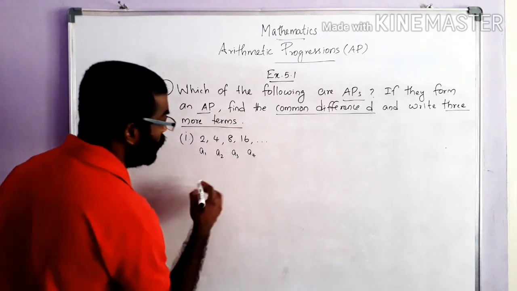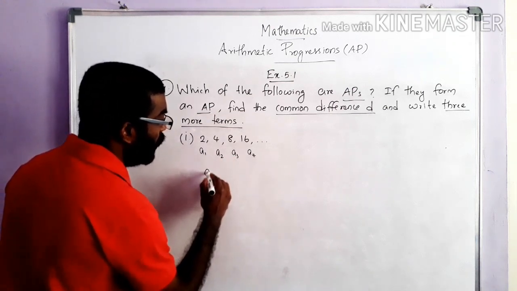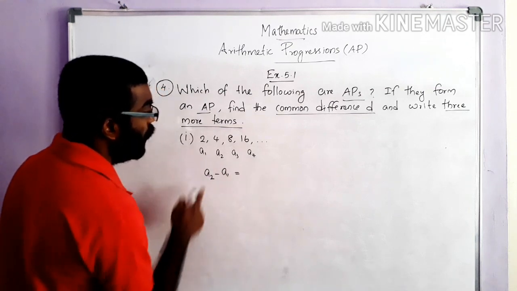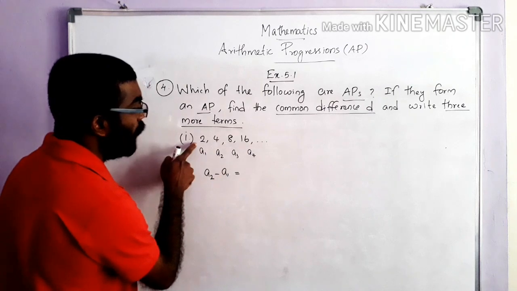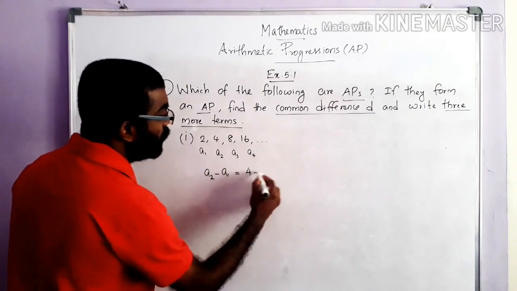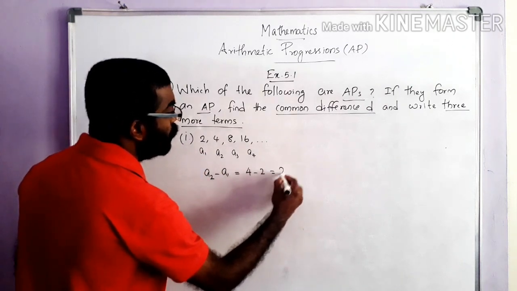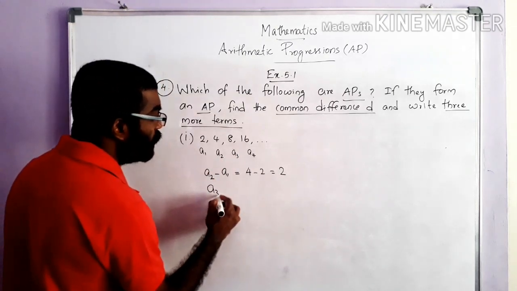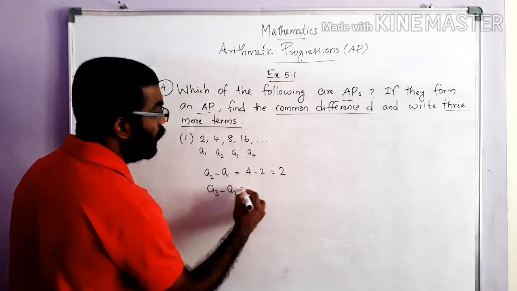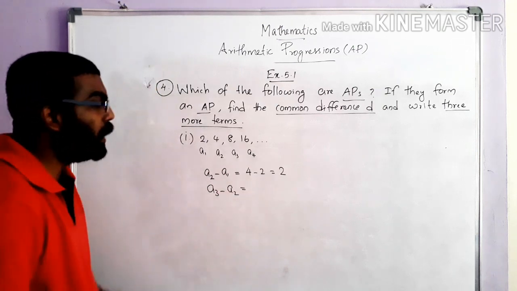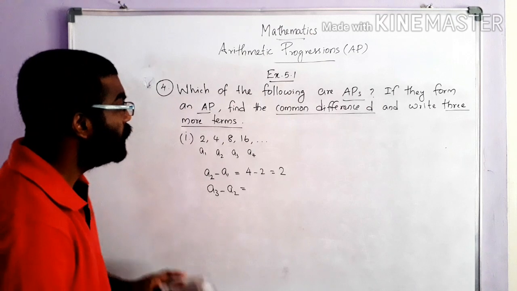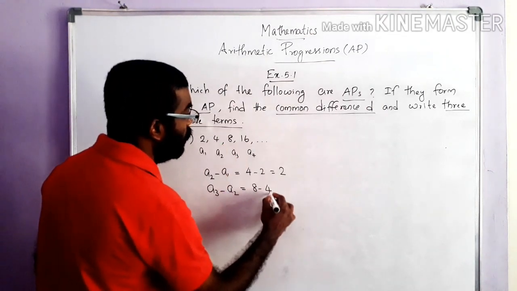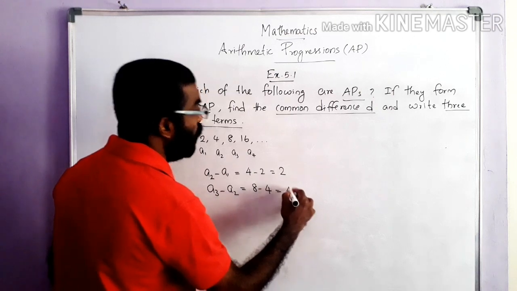Now we can find the difference between the consecutive terms, that is A2 minus A1, which is equal to, here A2 is 4 and A1 is 2. So 4 minus 2 will be equal to 2. And then A3 minus A2, that means the third term minus the second term. 8 minus 4 is 4.